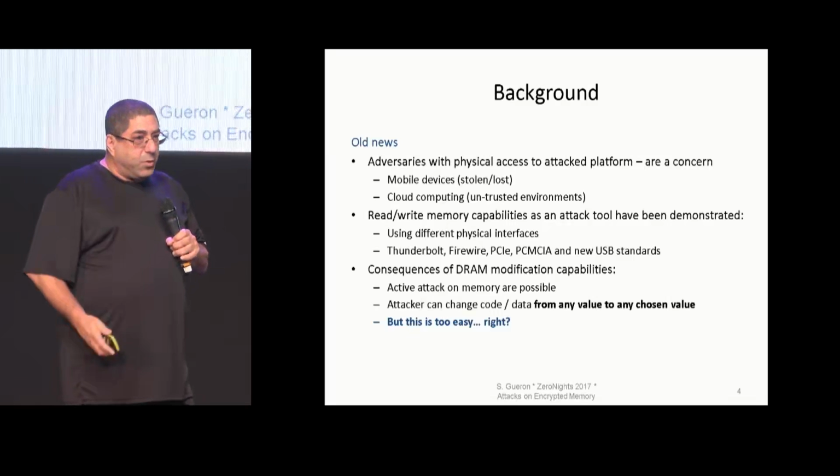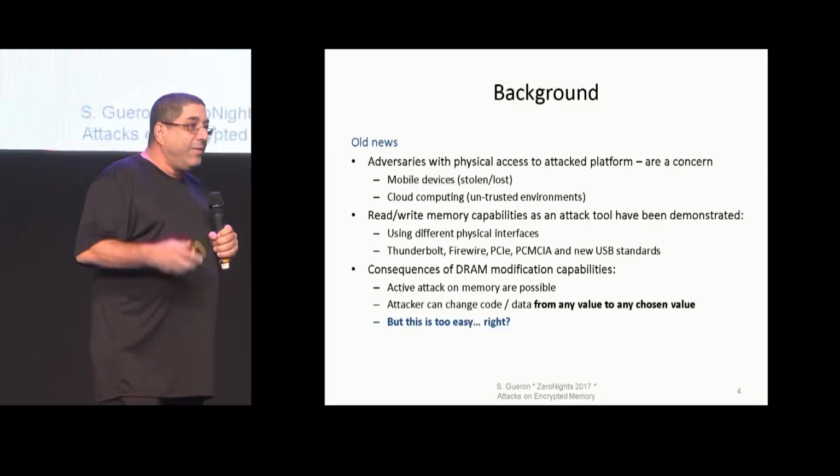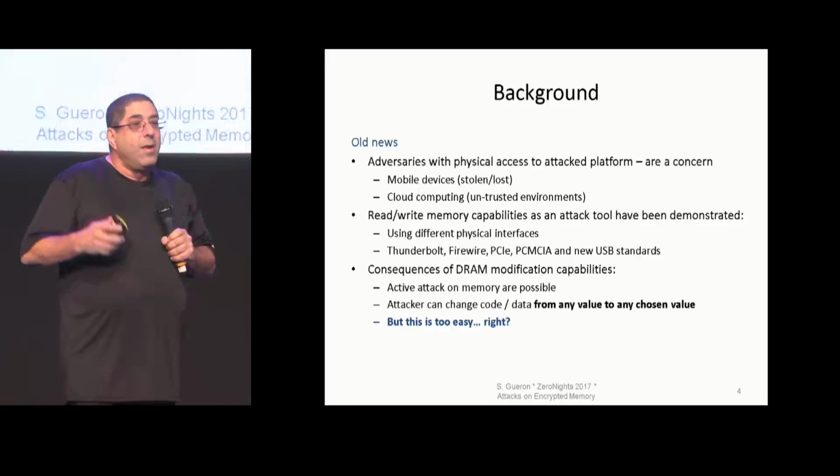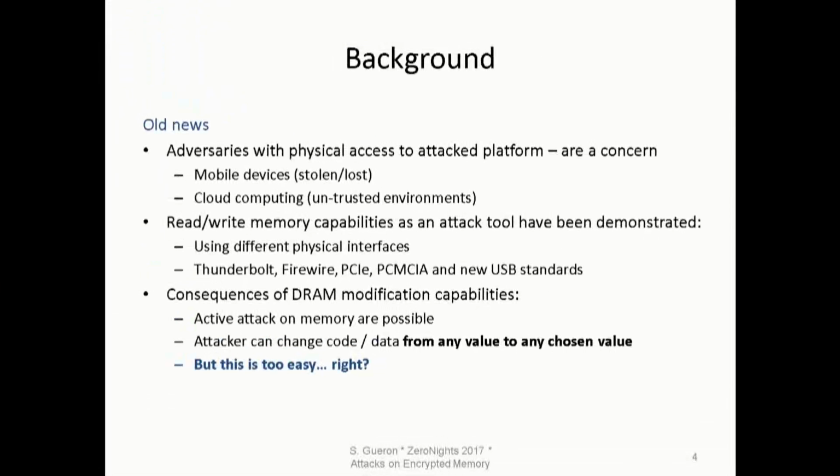So we know that it is possible to read and write the memory, and attacks have been demonstrated, but they have been demonstrated on clear memory. And the advantage from the viewpoint of the attacker of reading and writing clear text memory is that you can change anything to anything.